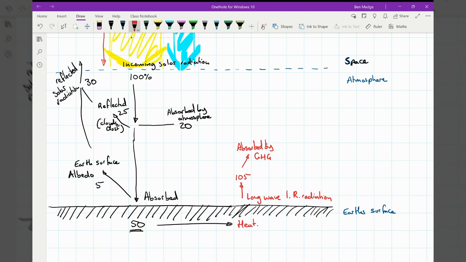And this causes atmospheric heating. And we have this coming across here, so that's absorbed by the atmosphere, causing atmospheric heating. And we have 95% of it being reabsorbed.